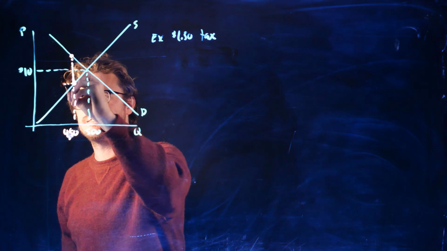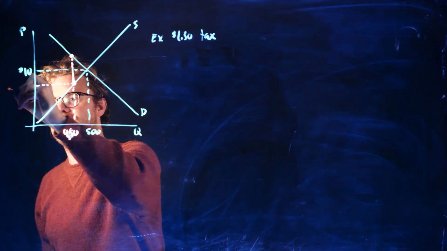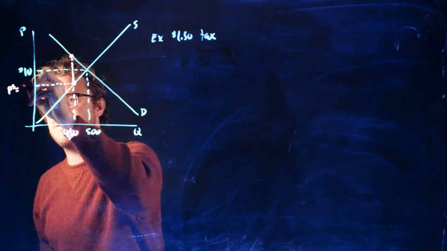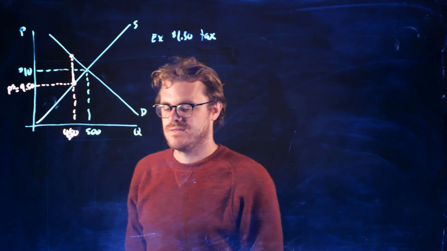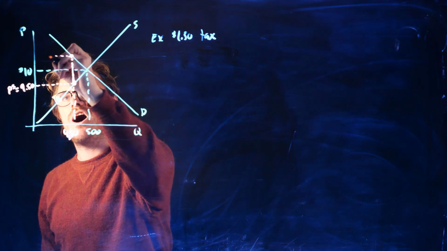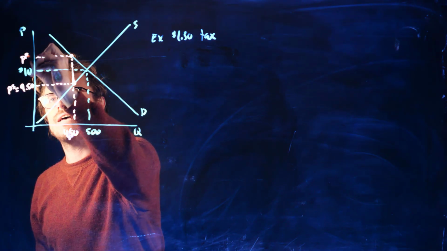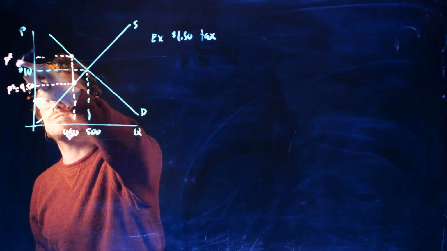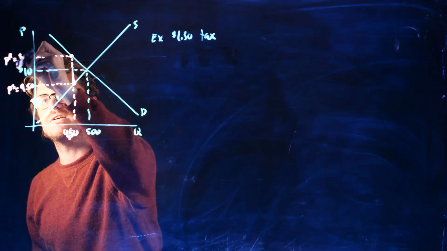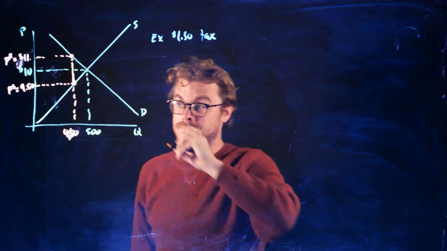The bottom of this tax wedge is the price that the sellers get. In our example, that was $9.50. The top of this tax wedge is what the buyers have to pay. I guess I should move that over a bit. Hopefully it's not too messy on your screen. And that was $11 in our example.